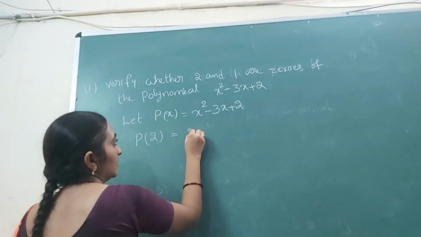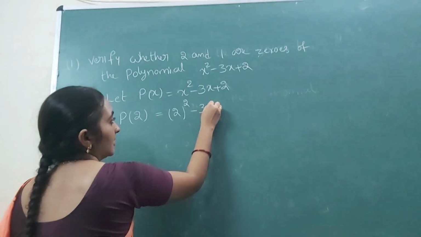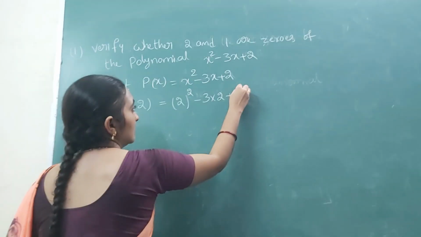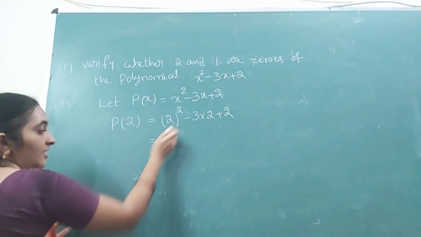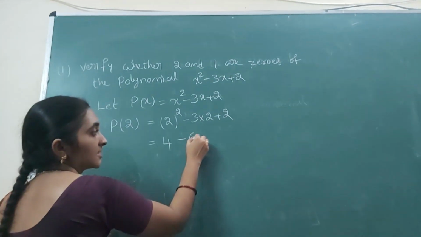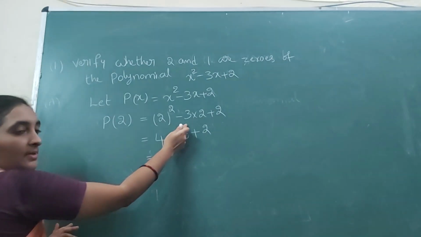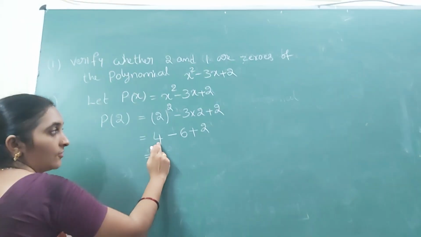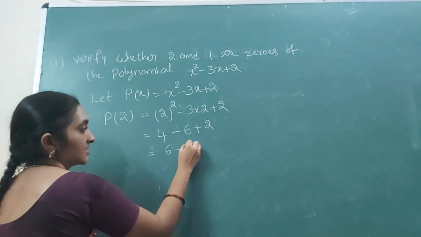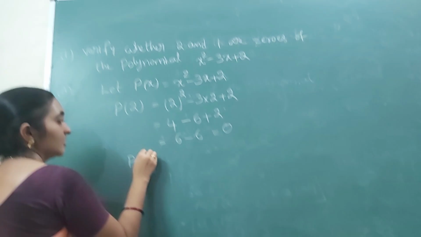That means we substitute 2 in place of x. 2 squared minus 3 into 2 plus 2. That means 2 squared means 2 into 2, 4, minus 3 twos are 6 plus 2. 4 plus 2, 6 minus 6. That is equal to 0. That means p of 2 is equal to 0.